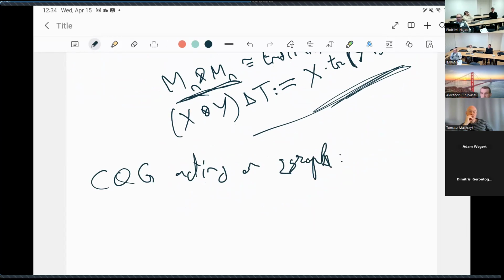At the very least, it should act on the set of vertices, so to speak, which is Mn itself. So Mn is going to be itself a comodule, an O(G) comodule star algebra.